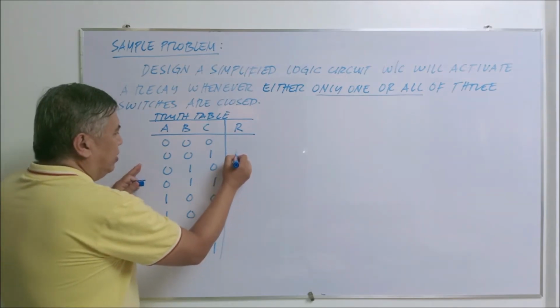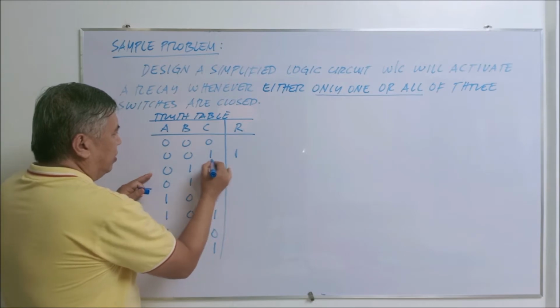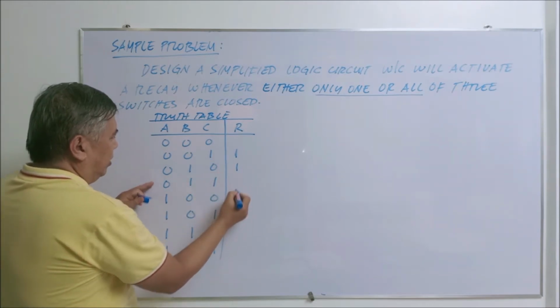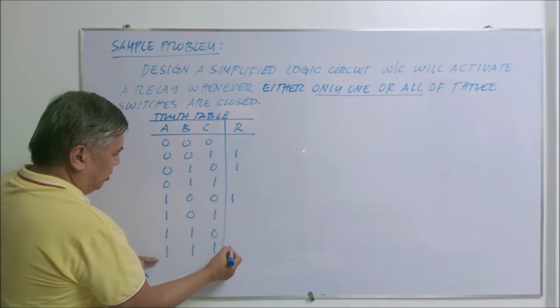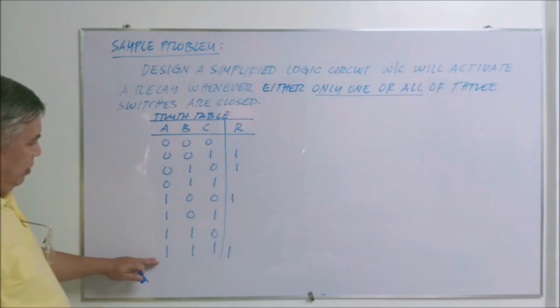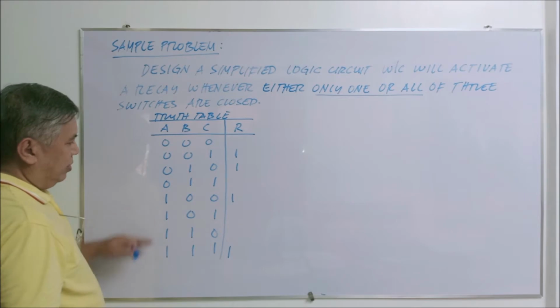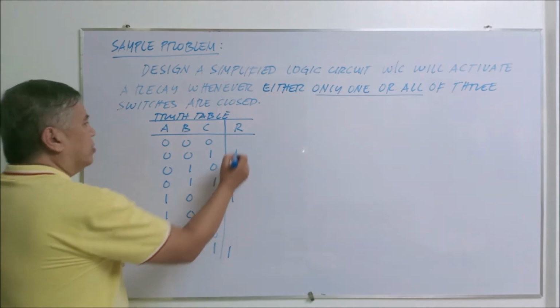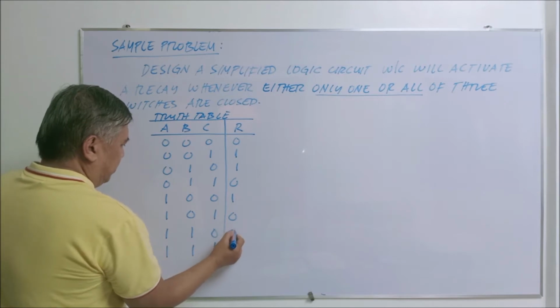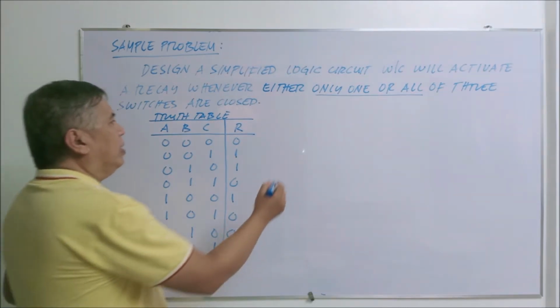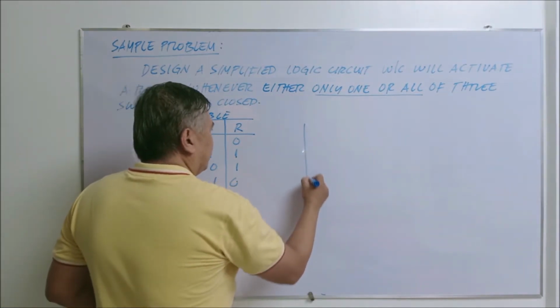Only one here, then one here, or all of the 3 switches are closed. So that will be your output R, and the rest will be 0. Okay? So we make a K-map representation.